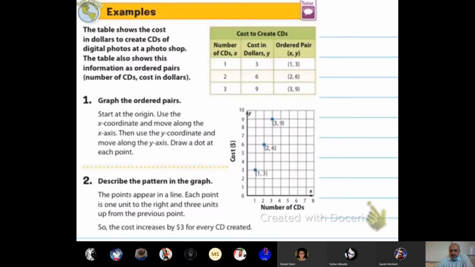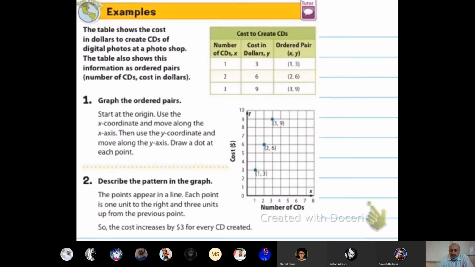So if they're saying that the number of CDs is first, then that makes it our X value, and our cost in dollars is second, so that becomes our Y value. And so we have the number of CDs, comma, the cost in dollars. So for one CD, it's going to be $3, so it's going to be 1, 3. For 2 CDs, then it's $6. That's just ratios.